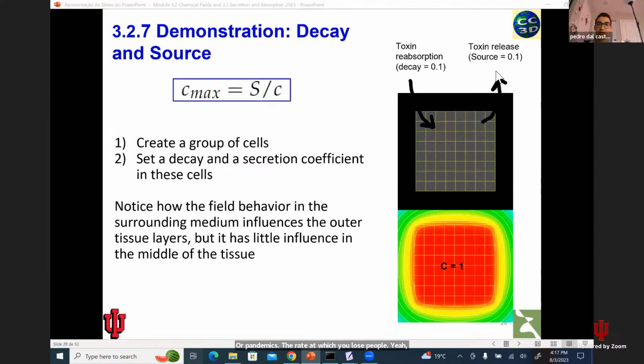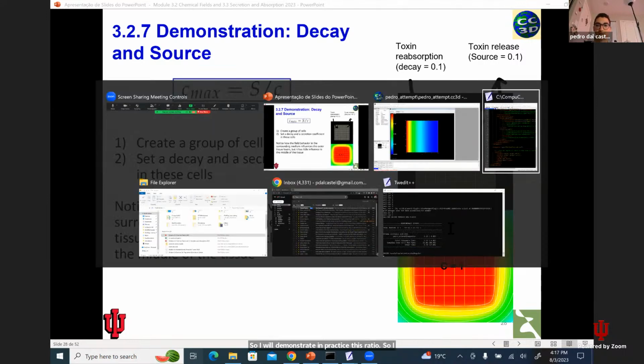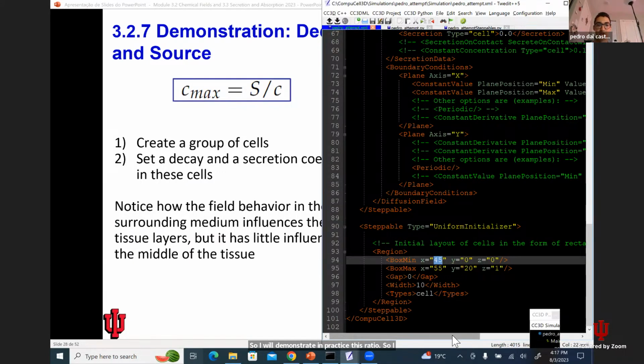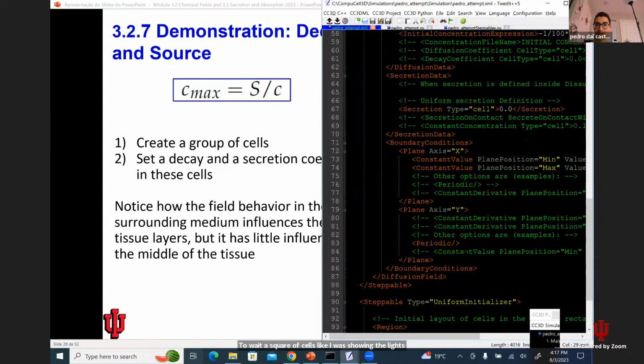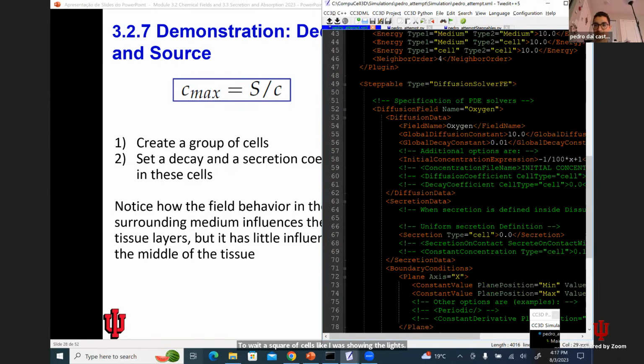So I will demonstrate in practice this ratio. I will start with a region of cells, let's say from 20 to 80, a square of cells, like I was showing in the slides. Also frozen, doesn't matter. I will start with 0 initial concentration, and I will make them secrete oxygen.